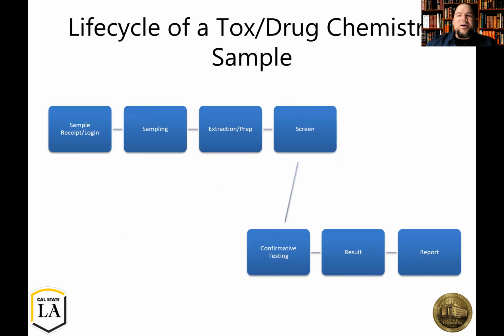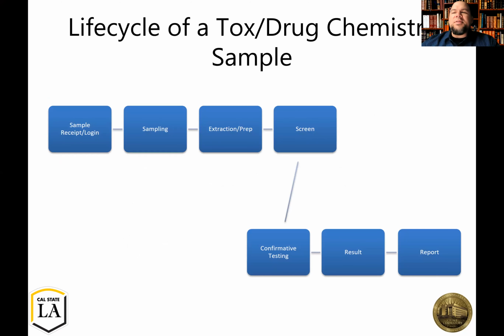So, we're going to talk about quality control, quality assurance, and how important it is. You already know that it's important, but we're going to reiterate some of the key points. In the context of a drug chemistry or toxicology laboratory, you think about the life cycle of the sample.